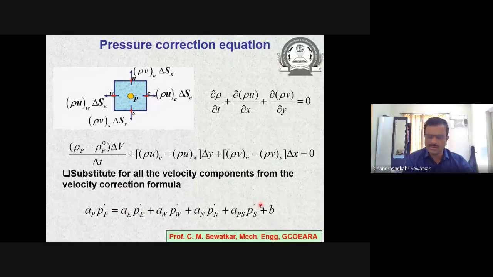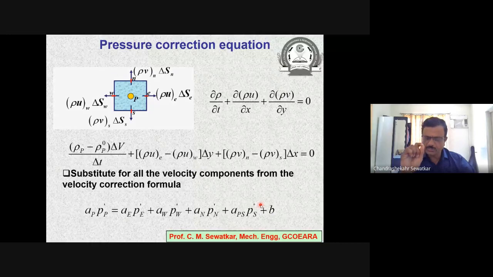So do remember, whenever you solve a problem on fluid flow, as you provide the boundary conditions for velocity and pressure, similarly you need to provide the boundary conditions for pressure correction also. How to write the boundary conditions for pressure correction, we will learn.